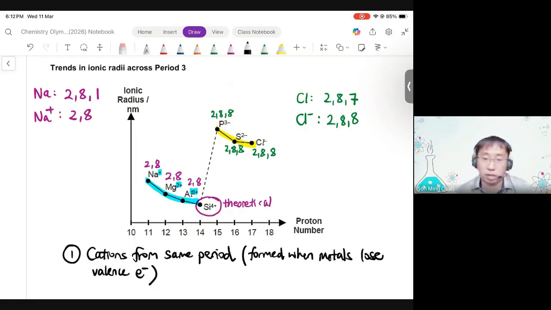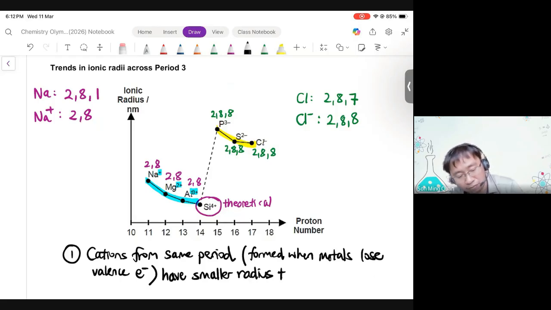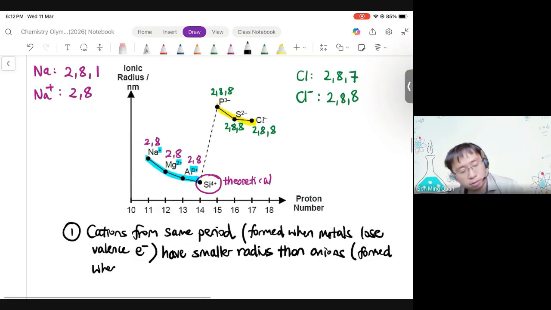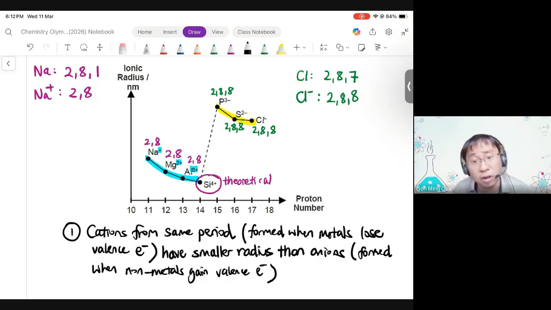So the cations from the same period, the positive ions, formed when the metals lose valence electrons, have a much smaller radius than the anions, which are formed when non-metals gain valence electrons, right? The positive ions are much, much smaller. Okay, for Paul Flourish, this was formative assessment for question 4.